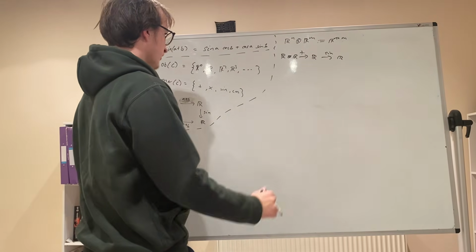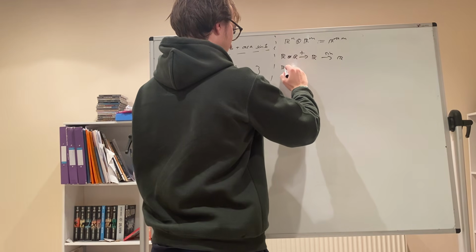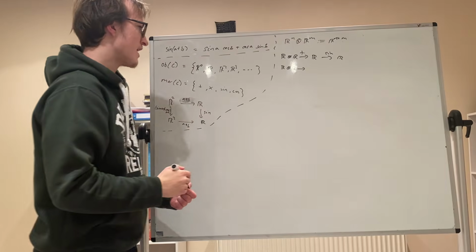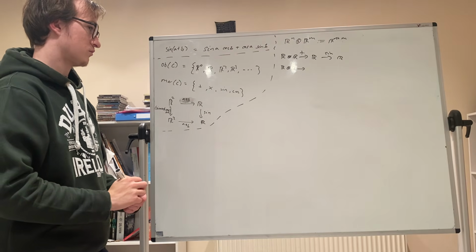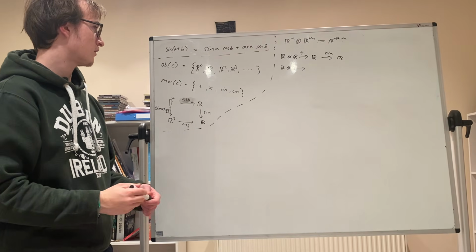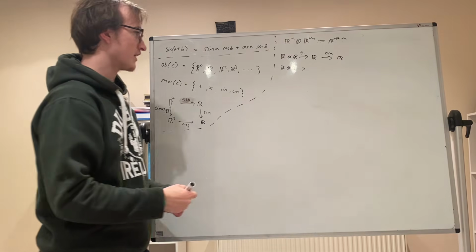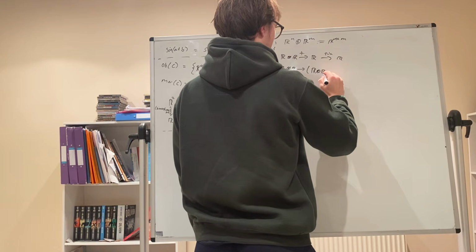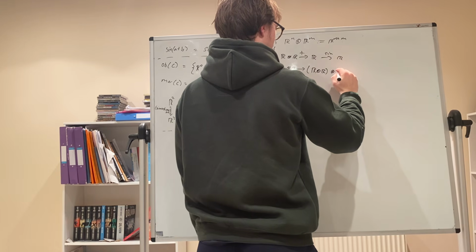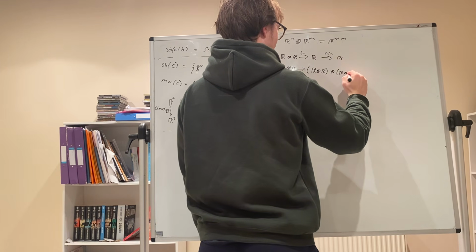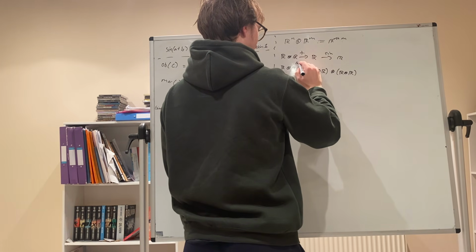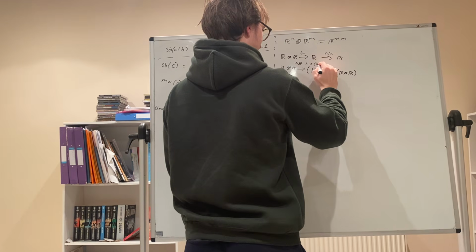But what we could also do is start in R times R. We could then duplicate our elements, so we could go from R times R into R times R times R times R. And what does this do? This sends (A, B) to the pair (A, B), (A, B).